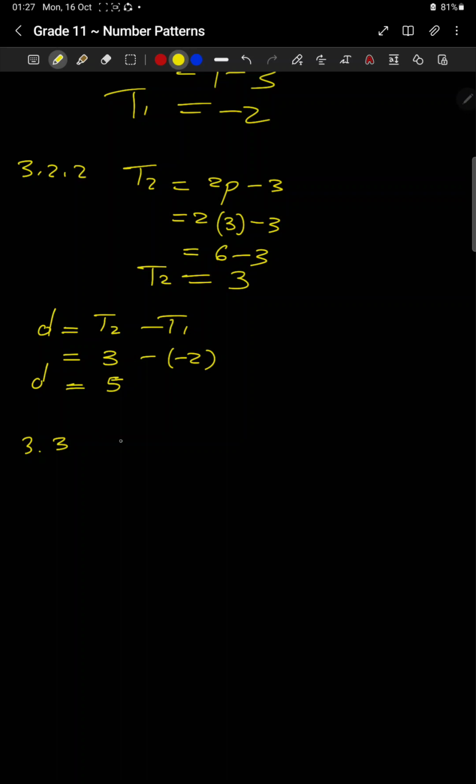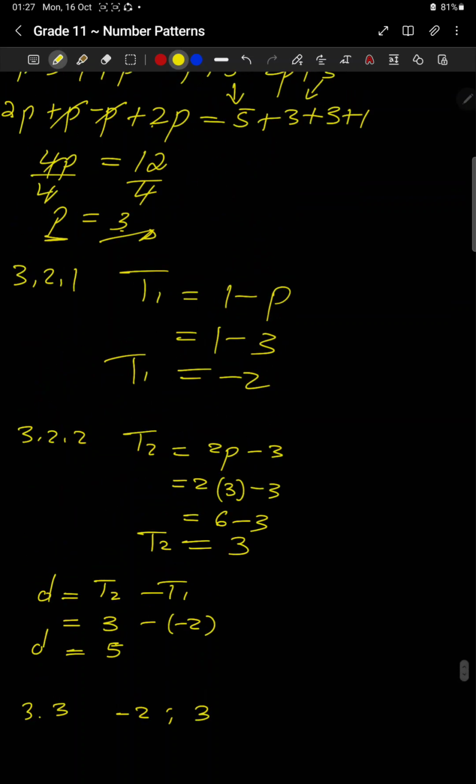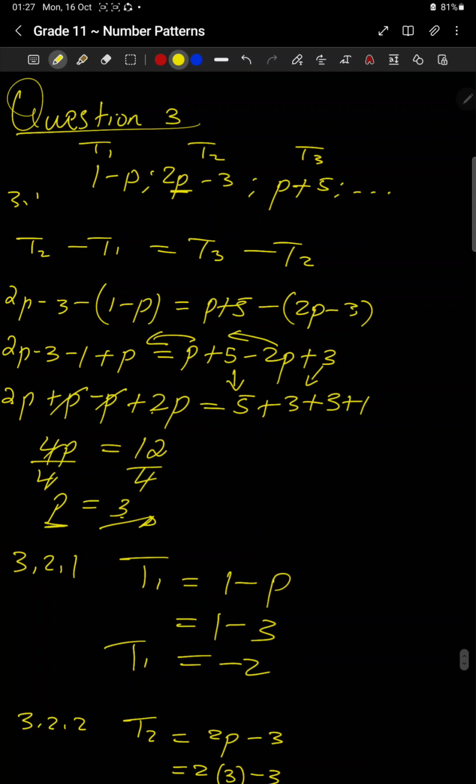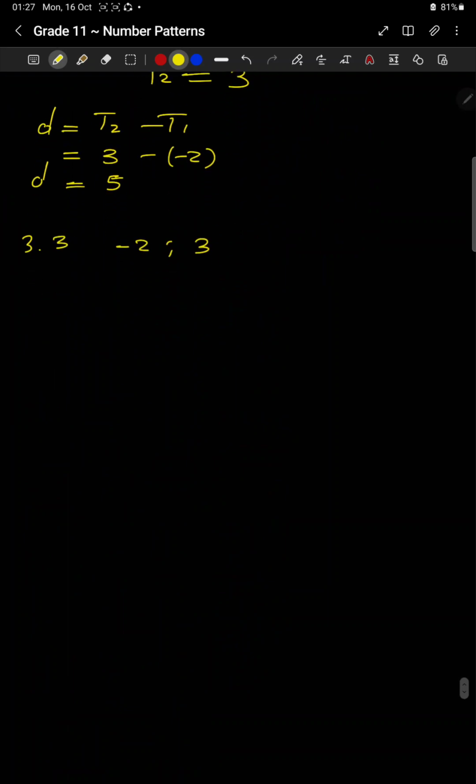So in the first term we've got negative 2, the second term we've got 3, and the third term is p plus 5, which is 3 plus 5, must be 8. And then we've got 8, and the next one, remember it is linear, so the difference is 5.